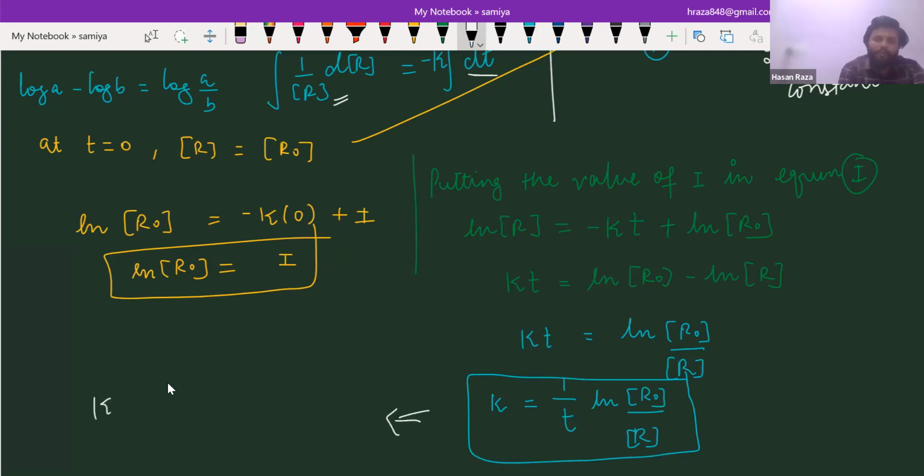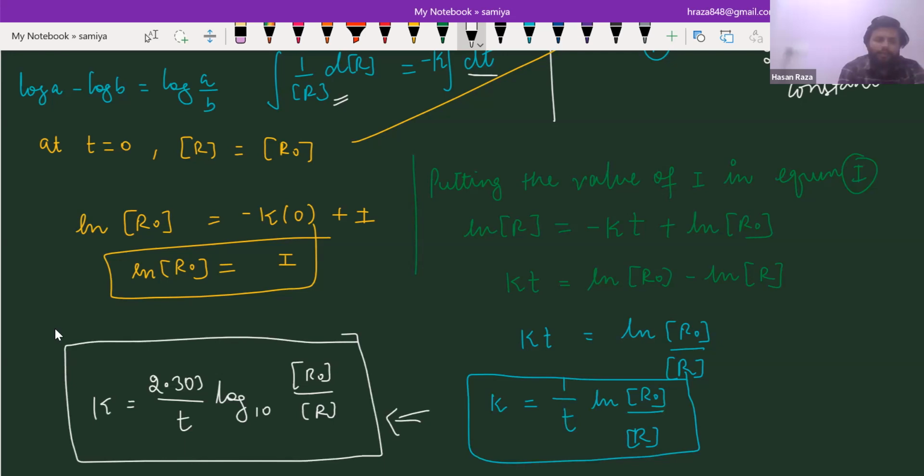So it will be 2.303 upon t log to the base 10 of R naught upon R. This is the first formula for first order reaction to calculate the value of k, that is the rate constant.